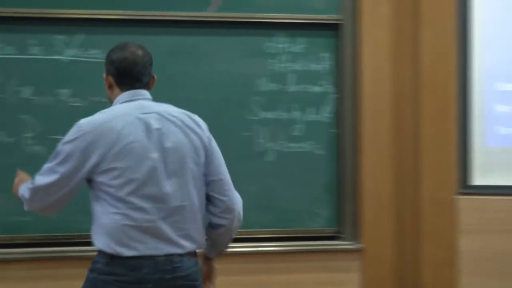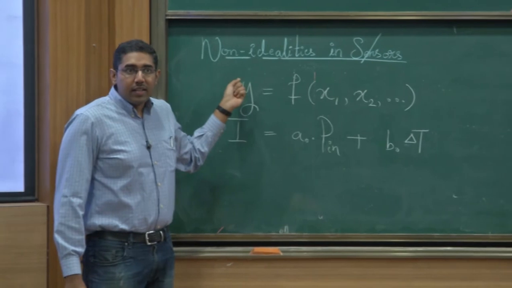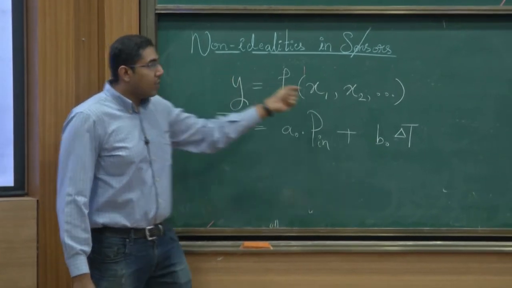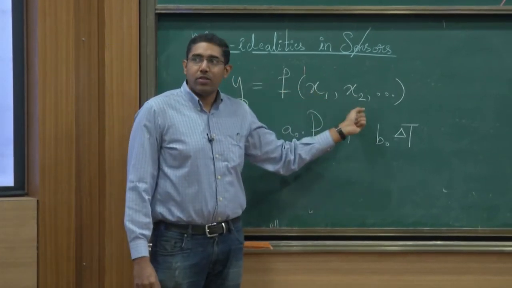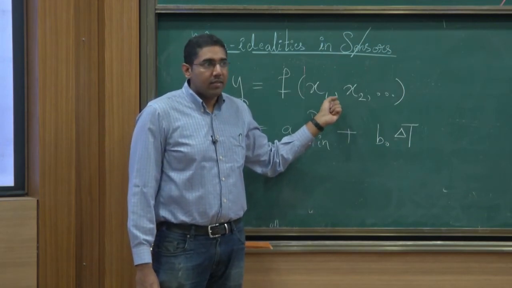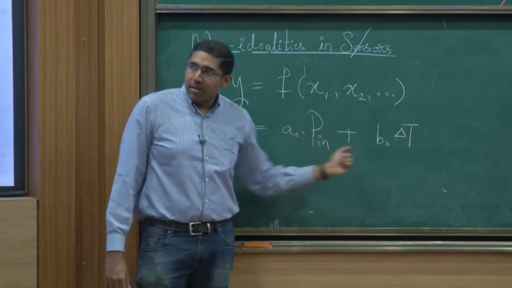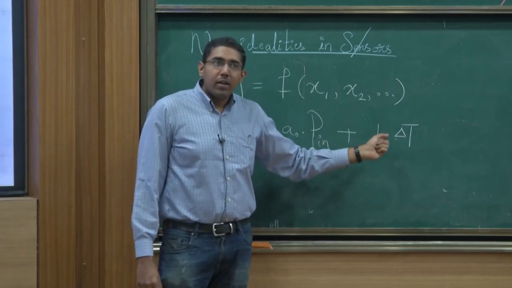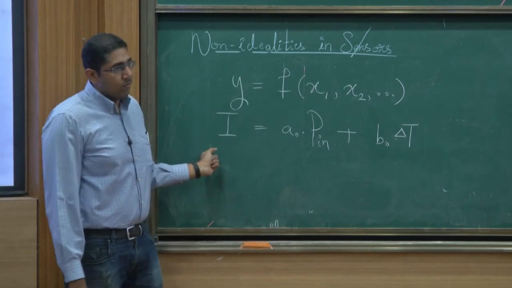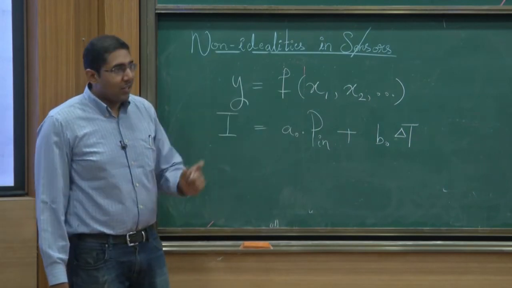What you measure is only this y. Did that y occur because of x1 or x2? You don't know. Correct? Is the problem clear? The output depends on multiple variables, but what you measure is only one value, right? Somebody told you something.